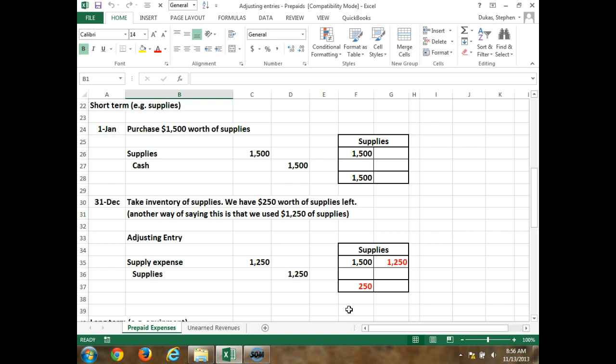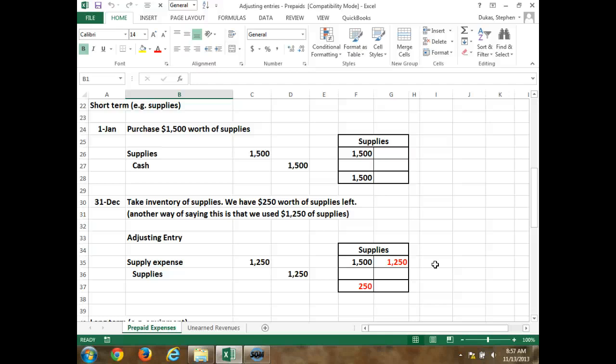In a problem in the text, they can specify the supplies account has decreased by $1,250, in which case they're telling you the amount of the journal entry directly, or they may tell you the beginning balance of the supply account was $1,500 and the ending balance was $250, in which case you have to infer how much supplies were used during the year.